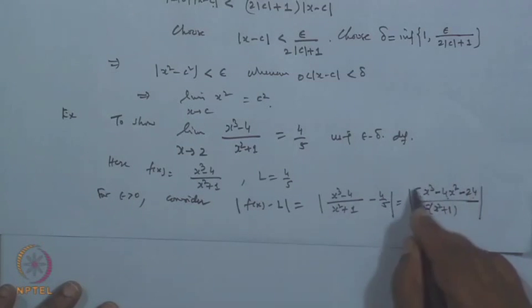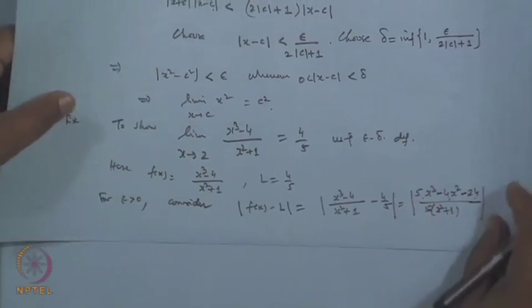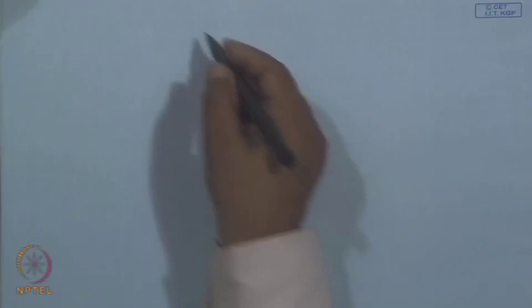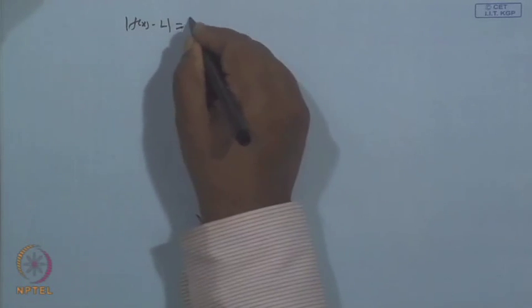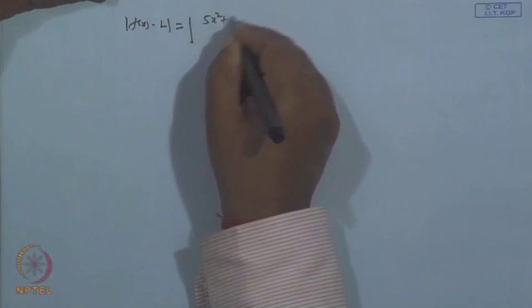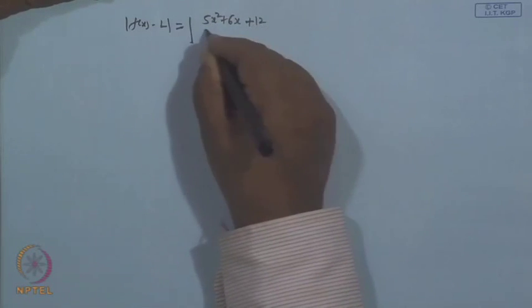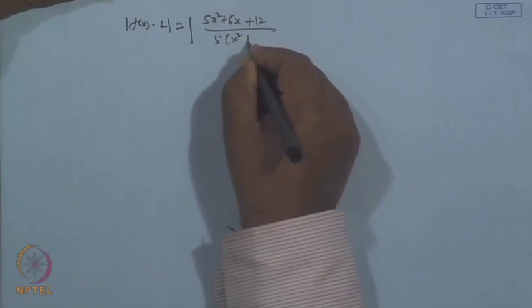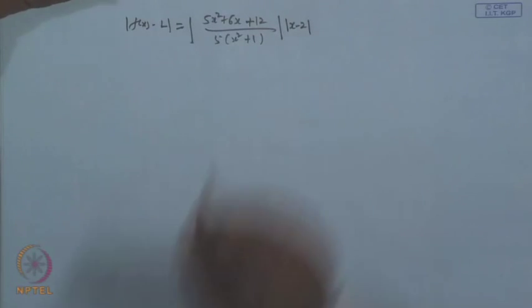So, we can separate out the x minus 2 factor from the numerator. So, |f(x) minus L| is nothing but |5x square plus 6x plus 12| divided by |5x square plus 1| into |x minus 2|.